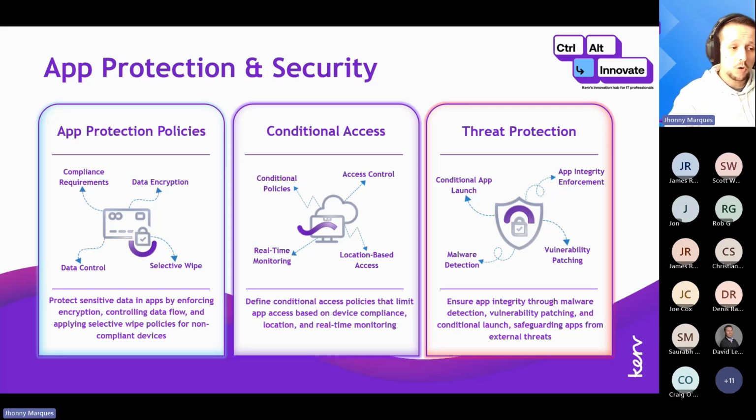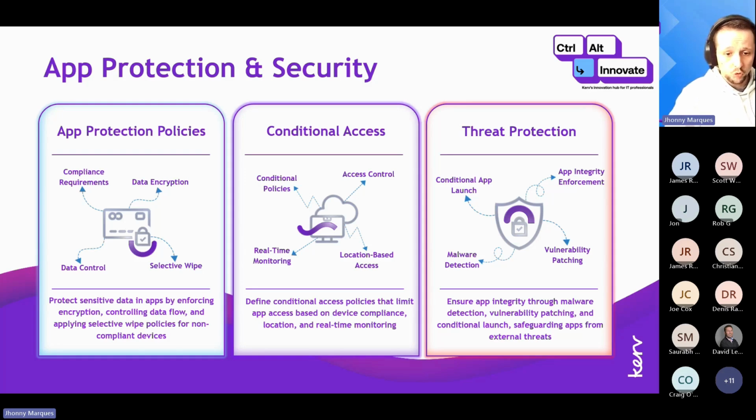This can be done on four core components. This is with compliance requirements, where you enforce policies based on compliance, whether the app will need a PIN before you can launch it, and whether encryption is enabled on that app. You can do data encryption to encrypt the data at both rest and transit.